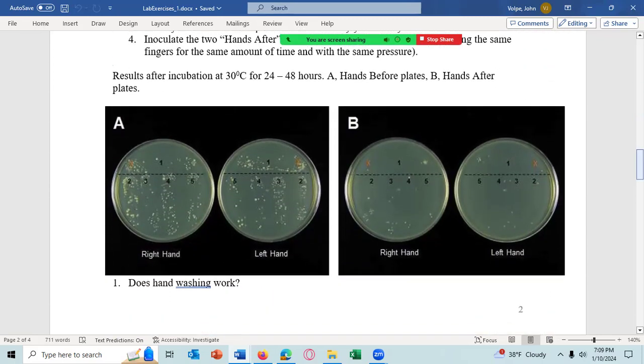What we do is we take your dirty hand and touch the plate with 3 fingers, 1, 2, 3. And then 1, 2, 3, 4 fingers on this plate. So the right hand and the left hand. Actually, there's 4 here. 1, 2, 3, 4.